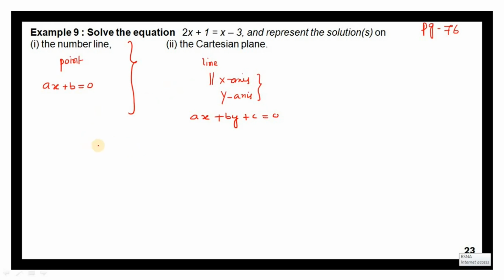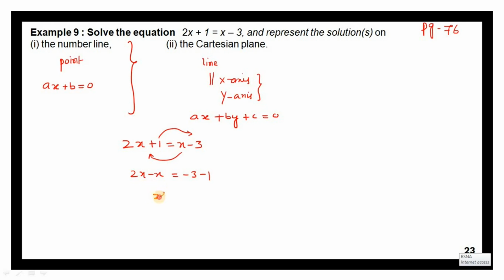Now let's see the problem. 2x plus 1 is equal to x minus 3. Solve it: all variables on one side, all constants on the other side. So 2x minus x is equal to minus 3 minus 1. Plus 1 becomes minus 1.